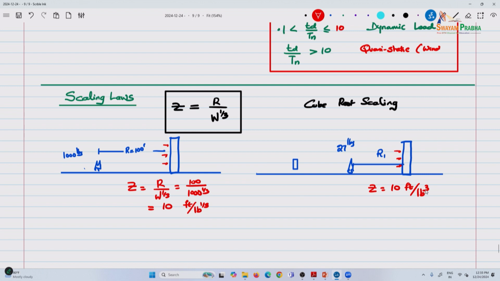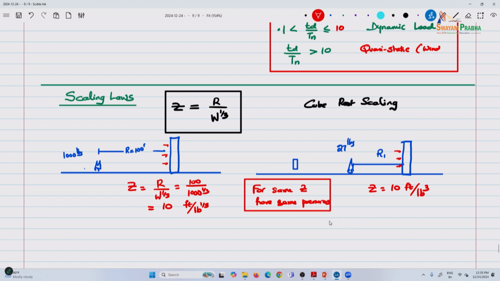That graph we showed, right? Of the Z value you can calculate. So for the same Z, you have identical pressures.